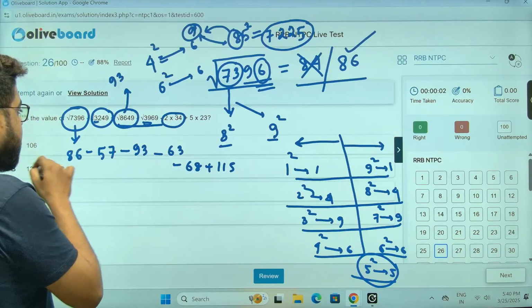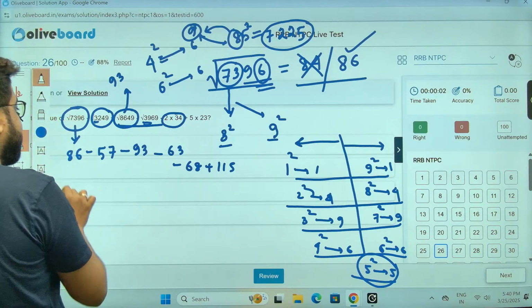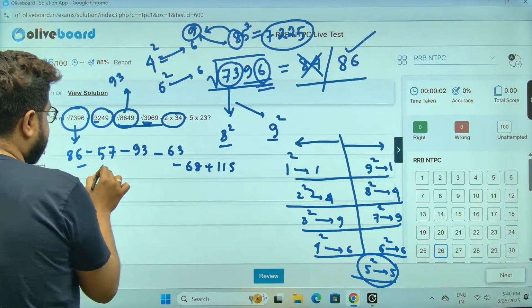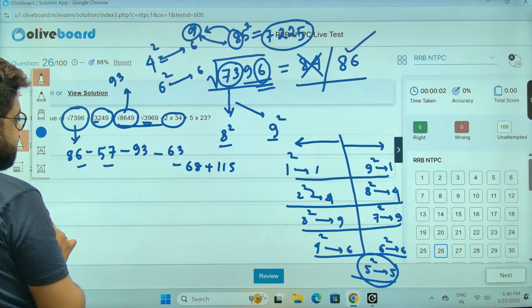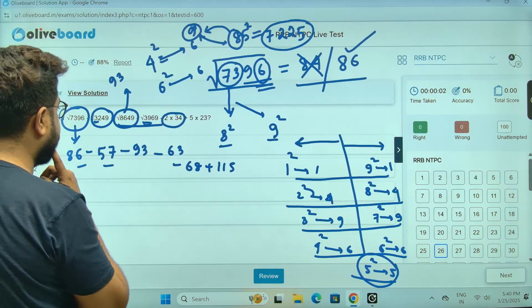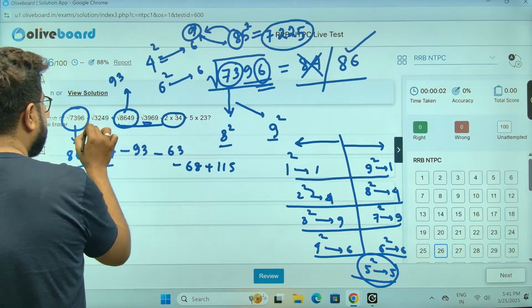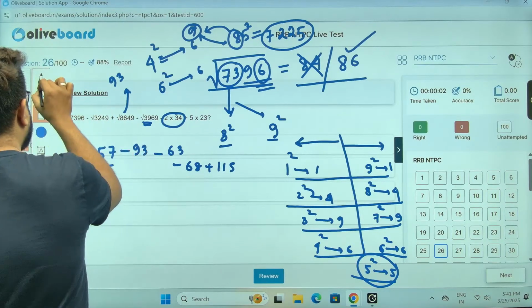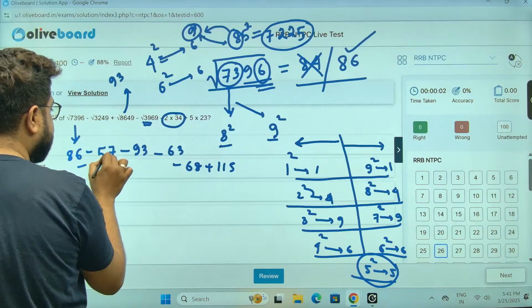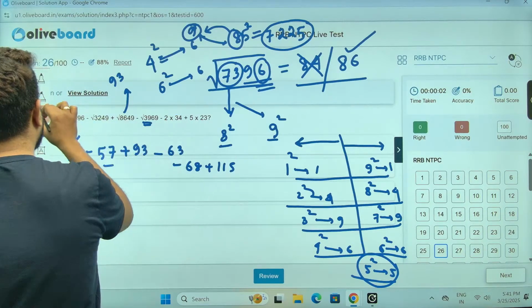The options are all different, there are two options, but still, let's check the unit digit. 6 minus 7. No, I have to go by the normal method. So there was some plus and minus. Now this has been hidden, this has been hidden. That is why there is some problem. This is minus, this one's plus, this one's minus, this one's also minus.